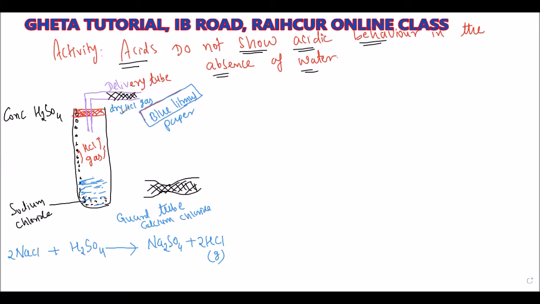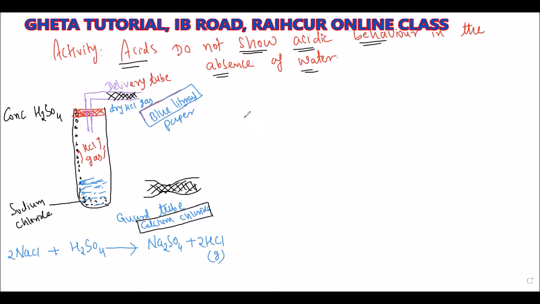In the first chapter, in the iron nail activity, we used calcium chloride for absorbing moisture. Whatever water is present in the HCl will be absorbed by the calcium chloride, and the HCl gas will become dry.